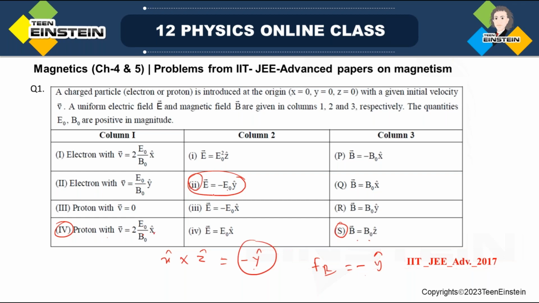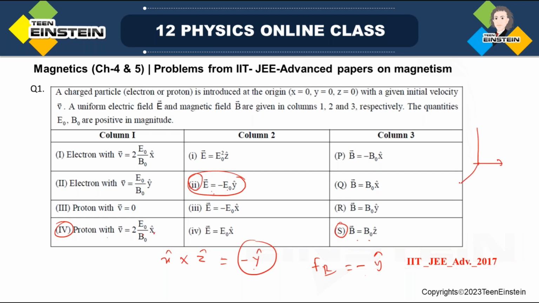Okay, let us see with this. 4, 2 and 2, the electric force is along, okay, we can just go with this.